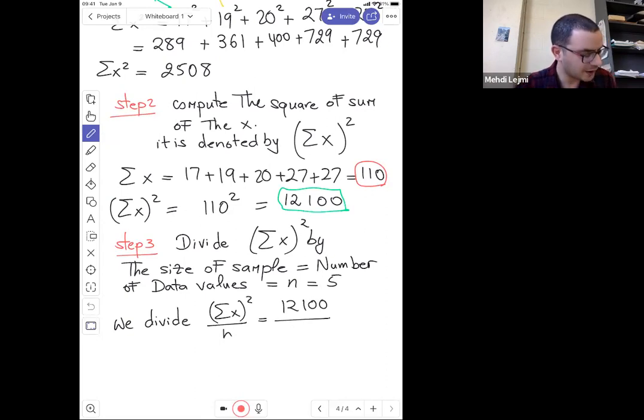So 12,100 over 5. So this would be equal to 2,420.